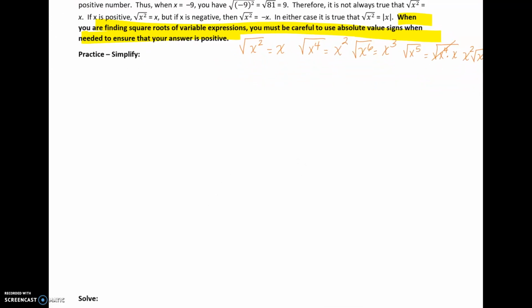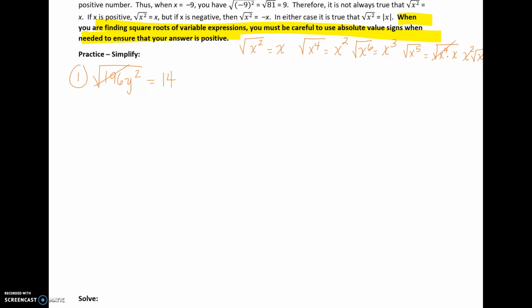Okay, now we're going to do some practice, and we're going to incorporate when we have to use the absolute value with it. Okay, so number 1, we're going to do the square root of 196y squared. Okay, 196, is that a perfect square? Yes, if you go back to your perfect square chart, the square root of 196 is 14.